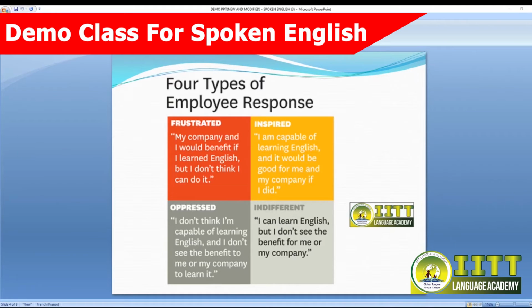Everyone is capable of learning a new language. And do you know, in terms of the difficulty level of grammar, the English language is far easier than Hindi, Bengali, and Sanskrit.